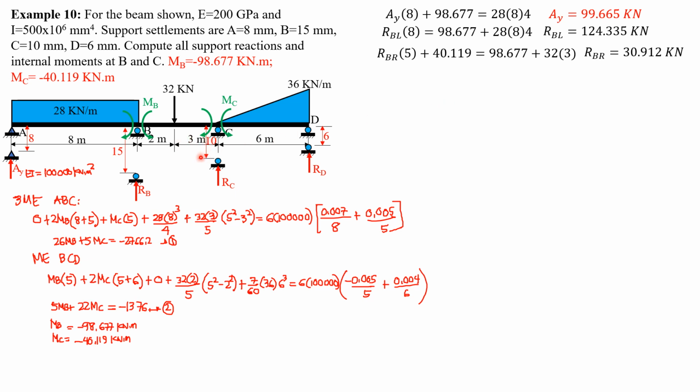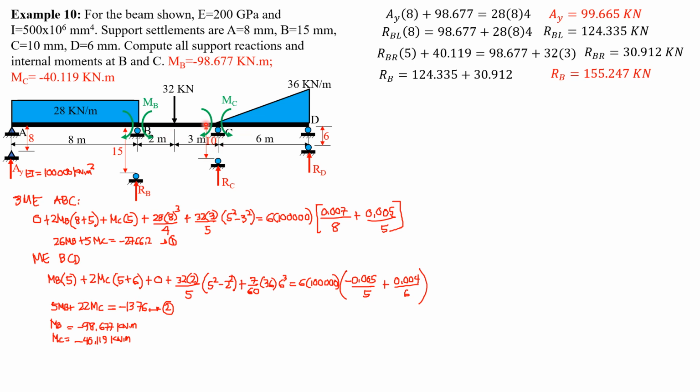Likewise, we can now solve RB. RB is RB left plus RB right. So 124.335 plus 30.912. So RB is equal to 155.247 kilonewtons.